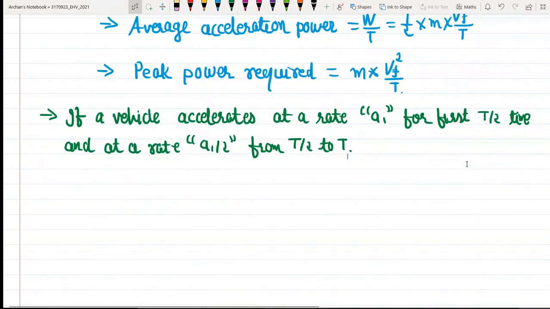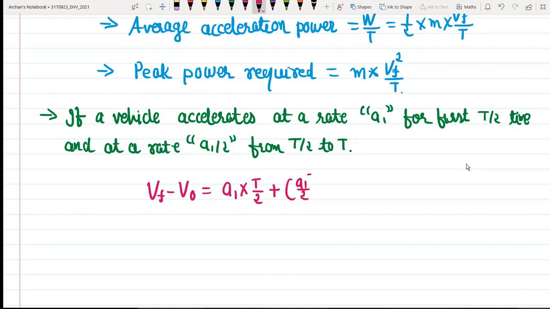Now what will happen? My final value Vf minus V0 will be equal to A1 into T by 2 plus A1 by 2 into T by 2.